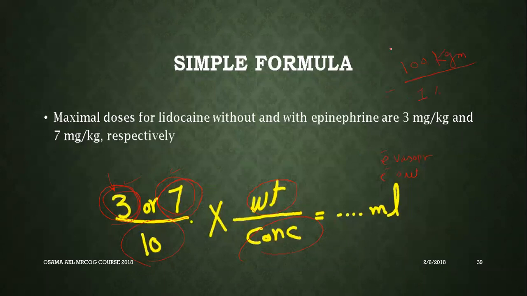So it's without vasopressor, without adrenaline. So I will use number 3 over 10 multiplied by body weight 100 kilogram over concentration 1. This one. So the maximum dose is 30 milliliter.